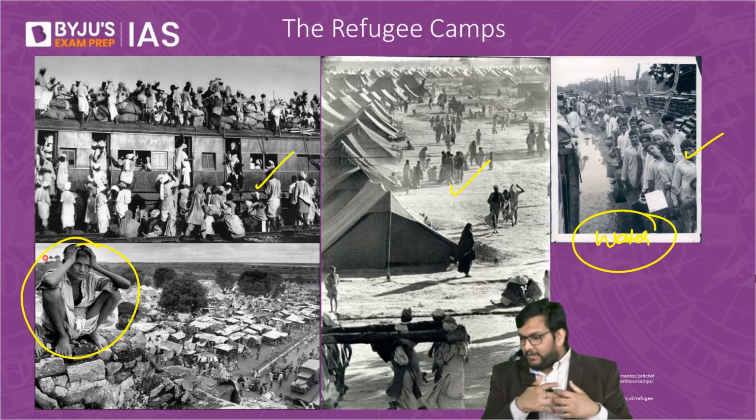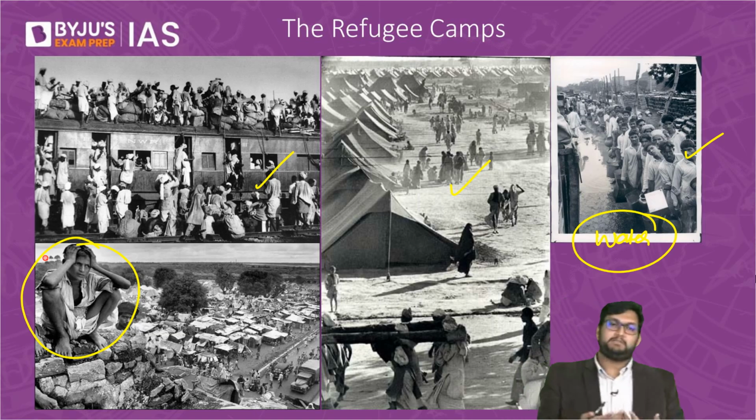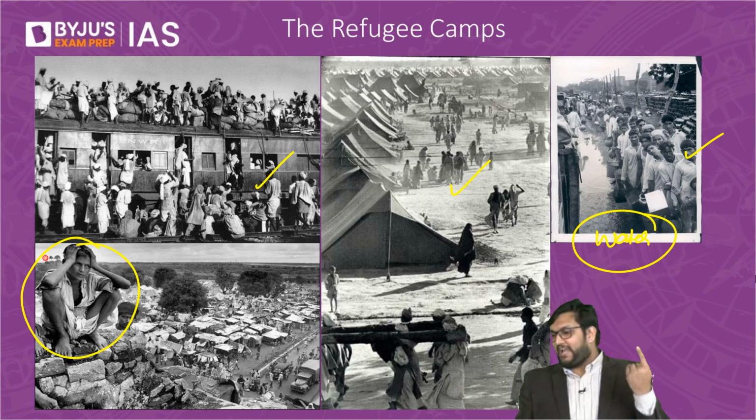So what I'm trying to tell you right now is the first challenge which India faced, which is basically the partition, the administrative and the humanitarian crisis. I'm trying to make you feel about that, because somehow we don't feel our independence.